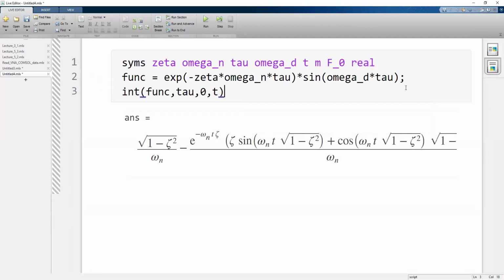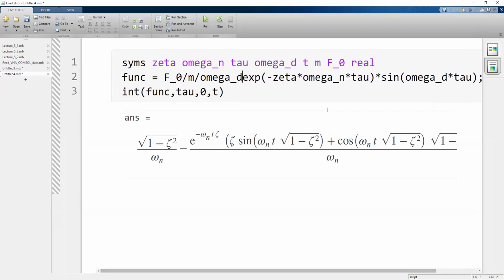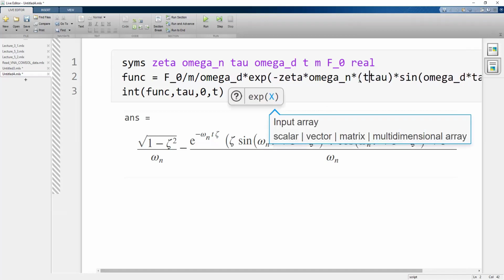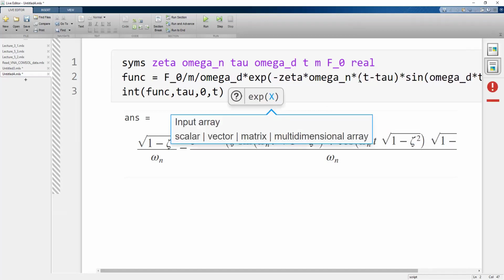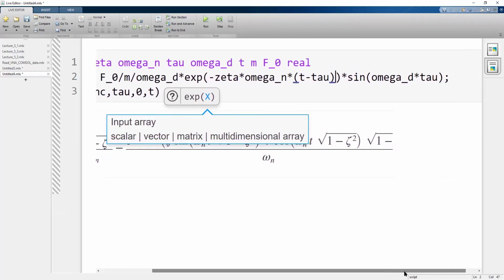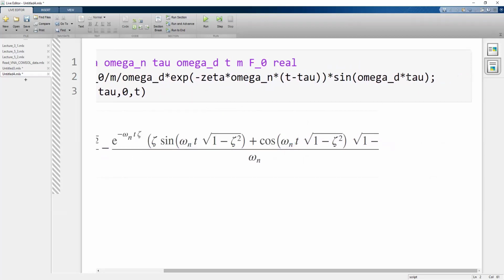So then let's calculate the integration. What is your function? Your function is f naught divided by m divided by omega d times exponential of minus zeta omega n (t minus tau).